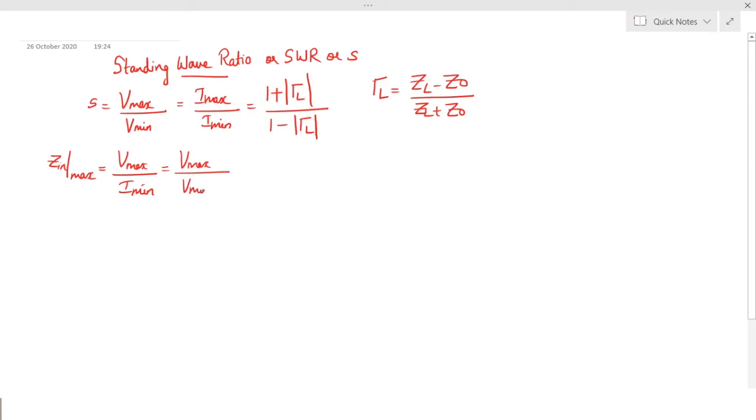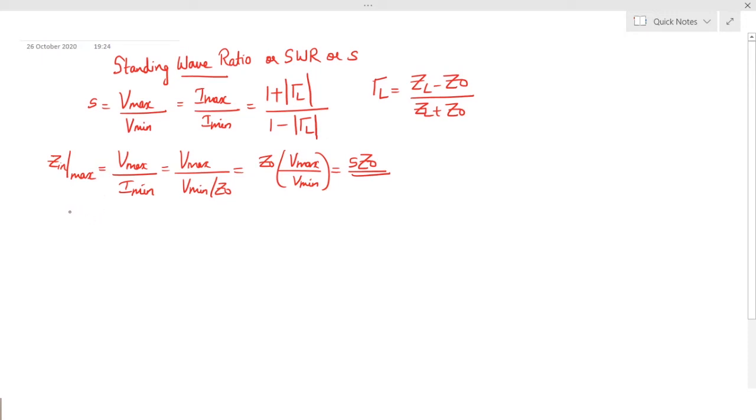So it will be Vmin by Z0. This will be equal to Z0 into Vmax divided by Vmin. You know that the ratio Vmax by Vmin is S, so it will be S Z0. So the maximum value of input impedance will be S into Z0, where S is standing wave ratio and Z0 is characteristic impedance.